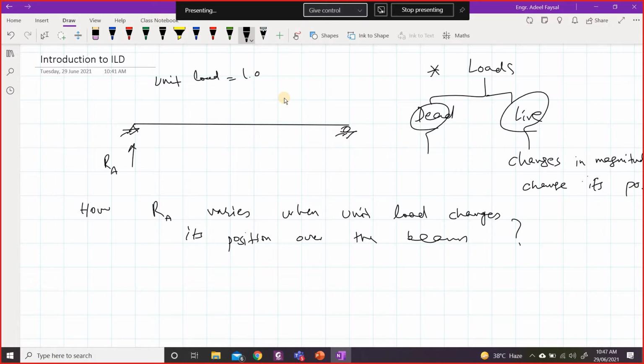Now if I need to study this, what I can do is place the unit load first over here, and then I'll calculate this RA.